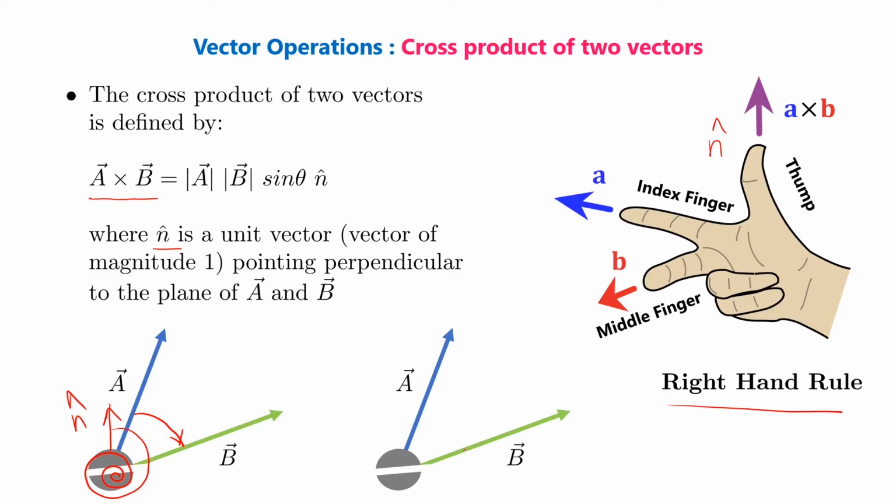Now, if you rotate the screw in the anti-clockwise direction, that is from vector B to vector A, then you can see that the screw will actually move along a direction perpendicular to the plane of this screen. So the direction of the unit vector will be perpendicular to the plane of this screen. So this rule is known as the right hand screw rule.